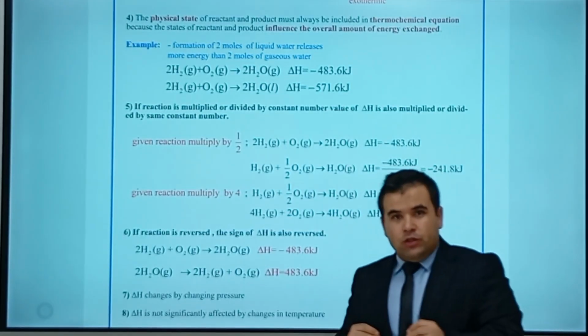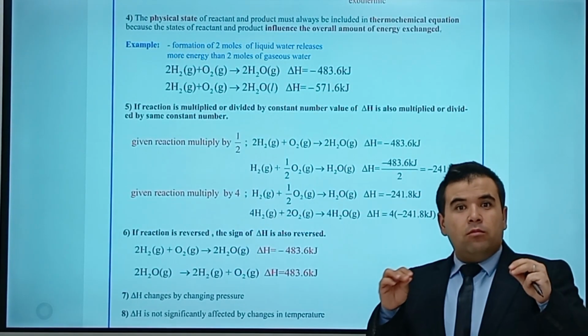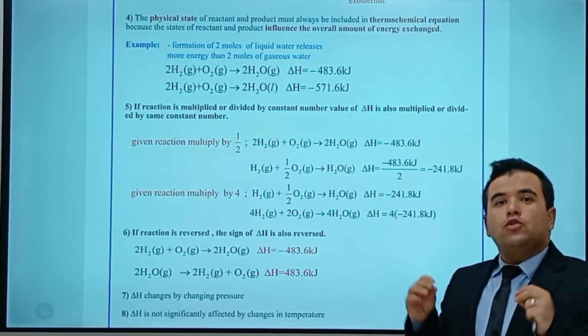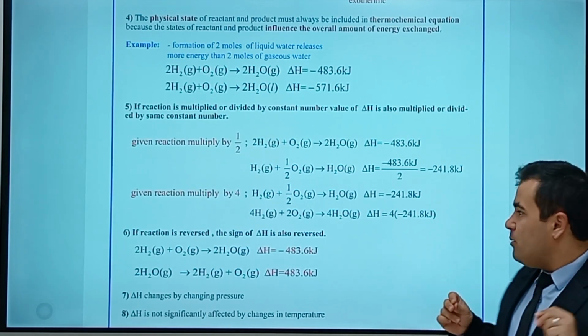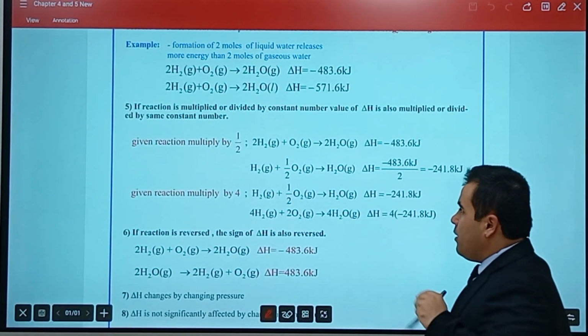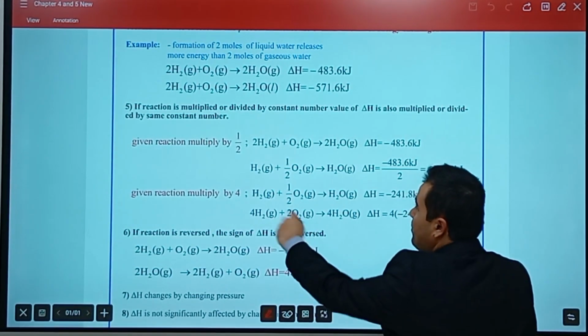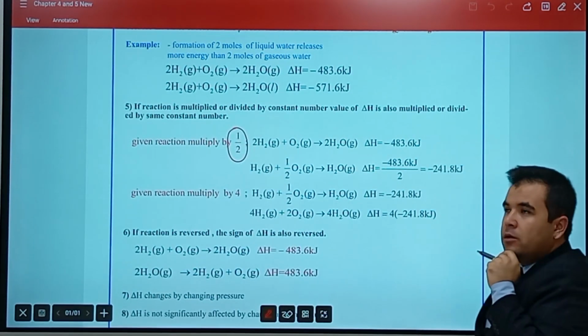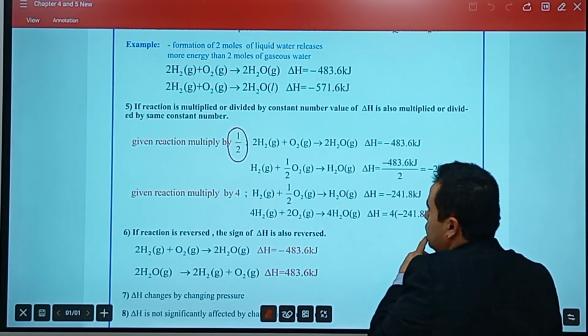The reactions in the thermochemical equations, whenever we multiply the reaction by any factor, any number, we have to multiply the enthalpy by the same factor or by the same number. Here we multiplied the equation by half, or we can say divided by 2.